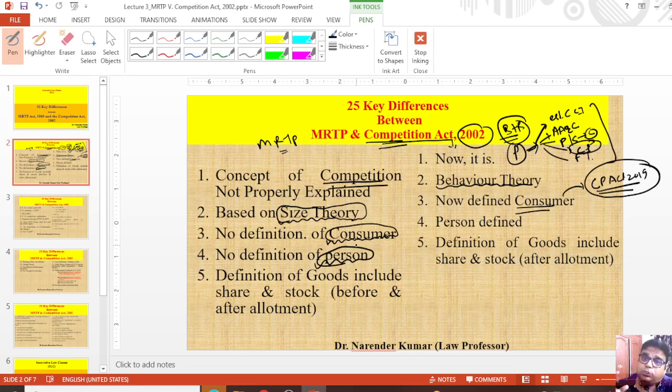So there, on the definition of person, we can take a critical thought. If you talk about cryptocurrency, or the person who is investing through cryptocurrency, whether that person would amount to a consumer, first when we refer to the definition of consumer.